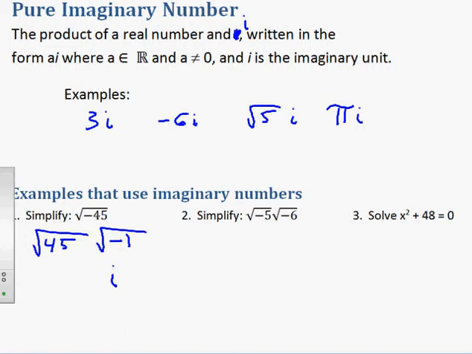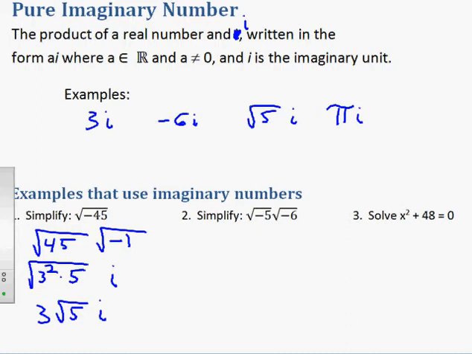Depending on how well you can think through this, we can figure this out. If we factored this, this would be the square root of 3 squared times 5. Square root of 3 squared is just 3. So we have 3 root 5 i, and that would be in simplified form.